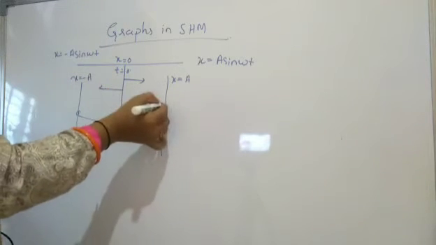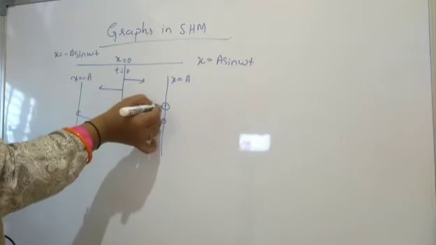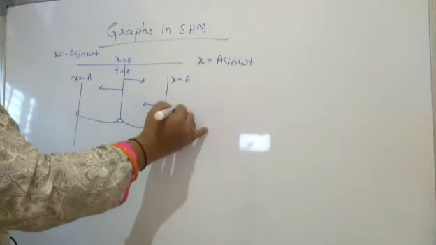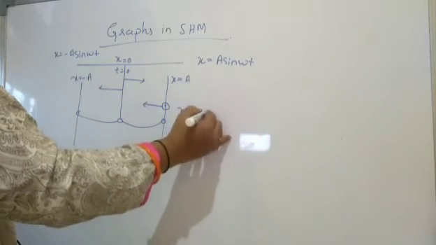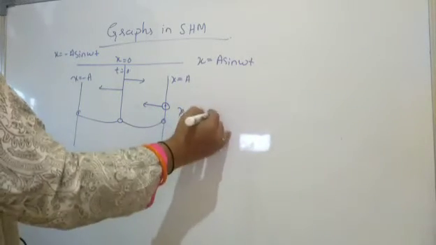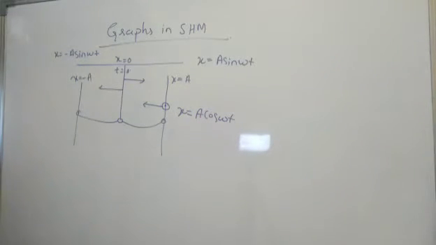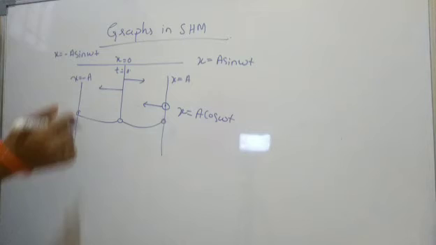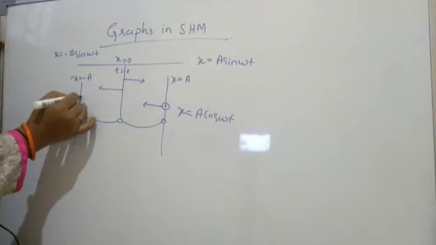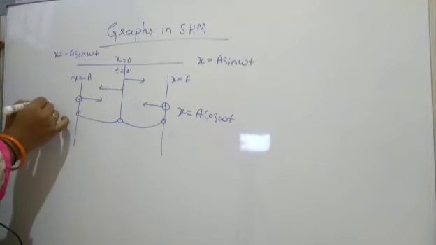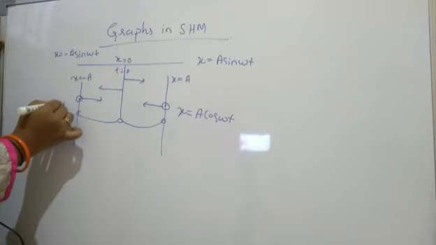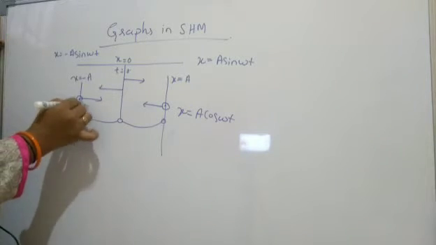When the particle is at the extreme position, moving towards the positive direction, at that time x is equal to A cos omega t. These things we have already discussed in the first two classes. At the negative extreme position, x is equal to minus A cos omega t.